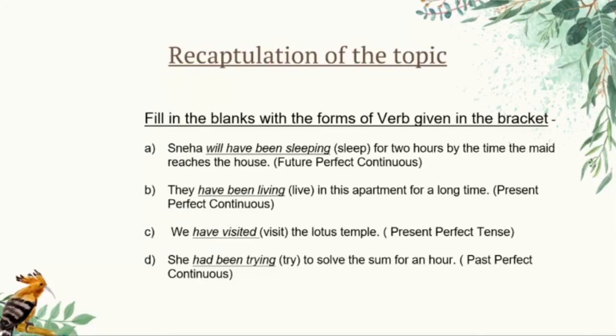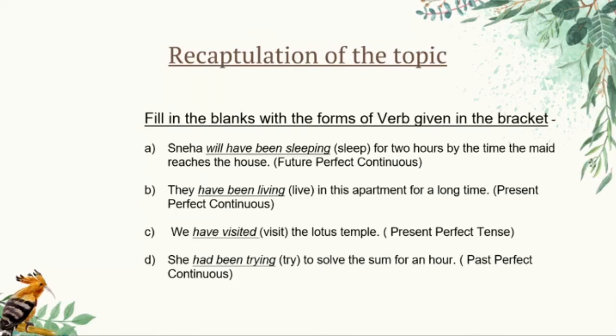The first sentence, Sneha, in the bracket sleep, for 2 hours by the time the maid reaches the house. And we have to fill in the blank with future perfect continuous. So it will be: Sneha will have been sleeping for 2 hours by the time the maid reaches the house.